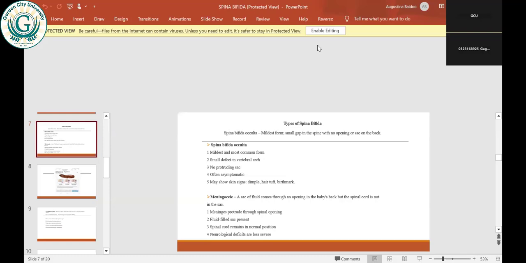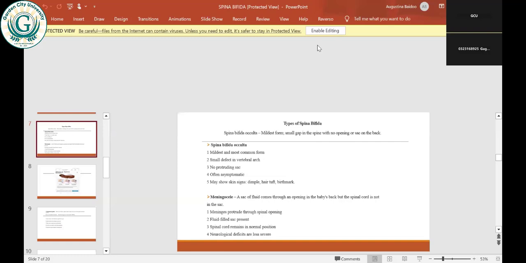Then the second one is meningocele. With the meningocele, a sac of fluid comes through an opening in the baby's back, but the spinal cord is not in the sac. 1, the meninges protrude through the spinal opening. 2, there is a fluid-filled sac present. 3, the spinal cord remains in the normal position. 4, neurological deficits are less severe.